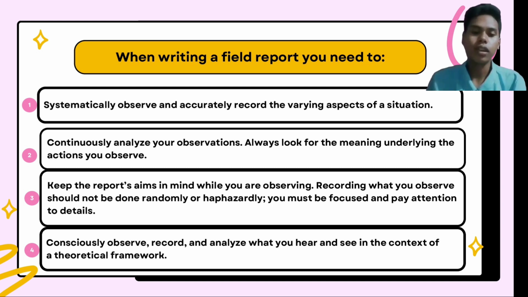Third, keep the report's aims in mind while you are observing. Recording what you observe should not be done randomly or haphazardly, and you must stay focused and pay attention to the details. And the last one is to continuously observe, record, and analyze what you hear and see in the context of the theoretical framework.